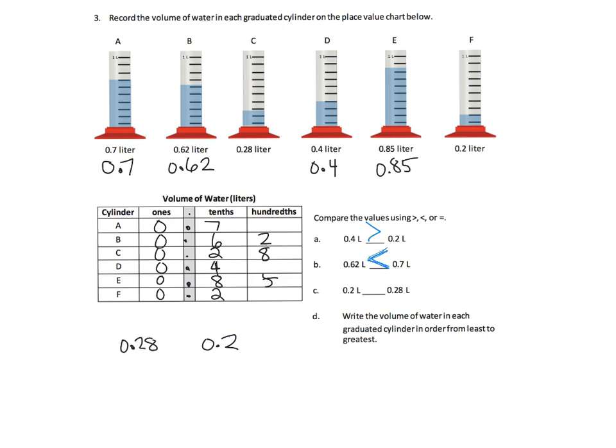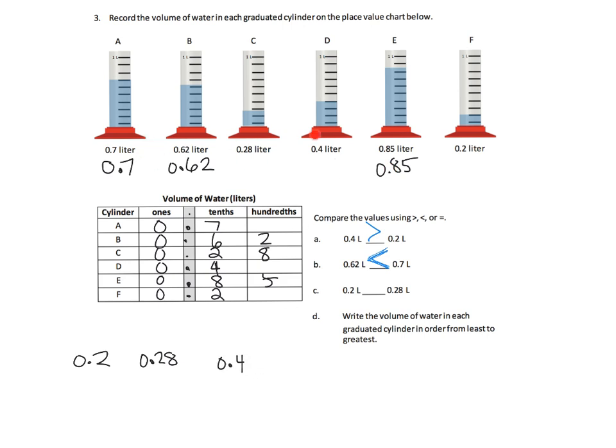Well, 0.28 has 2/10 plus 8/100, while this one just has 2/10. So that means 0.2 is smaller than 0.28. And now, okay, what do we have now? We're going from least to greatest. So what's the next one? 0.4. It's alone. There's nothing else with 4/10. So we know that one comes next.